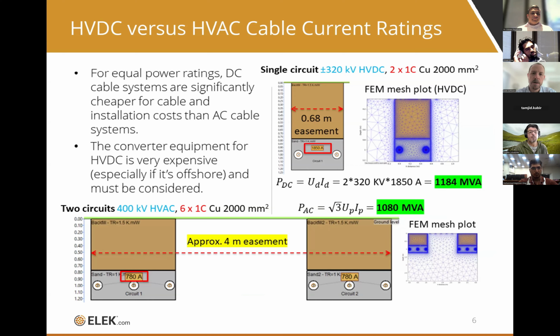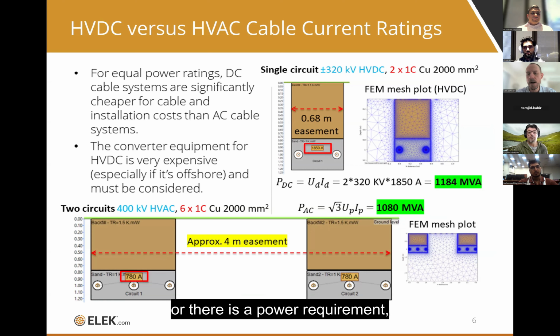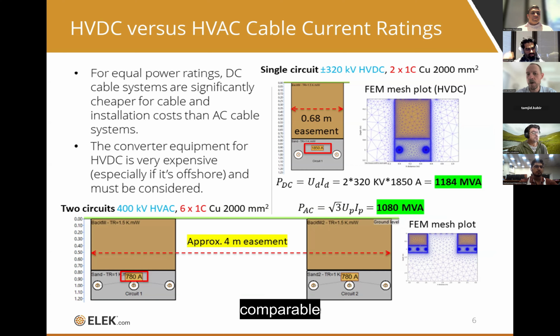So for equal power ratings, or where there is a power requirement, DC cable systems are significantly cheaper. We're talking about the cables and the installation costs, compared to comparable AC cable systems, excluding the converters.